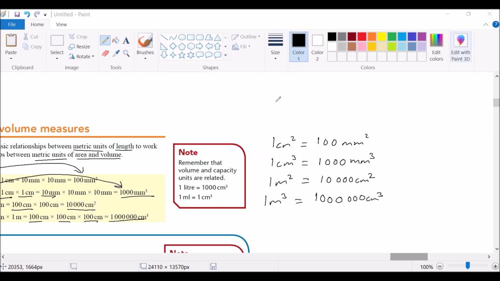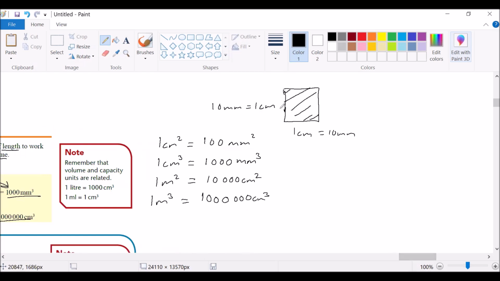So a way to show this in a diagram, if we want to convert square centimeters to square millimeters, we have a square that is 1 centimeter by 1 centimeter. If we want to find this area, we know 1 centimeter is equal to 10 millimeters. So this is 10 millimeters.